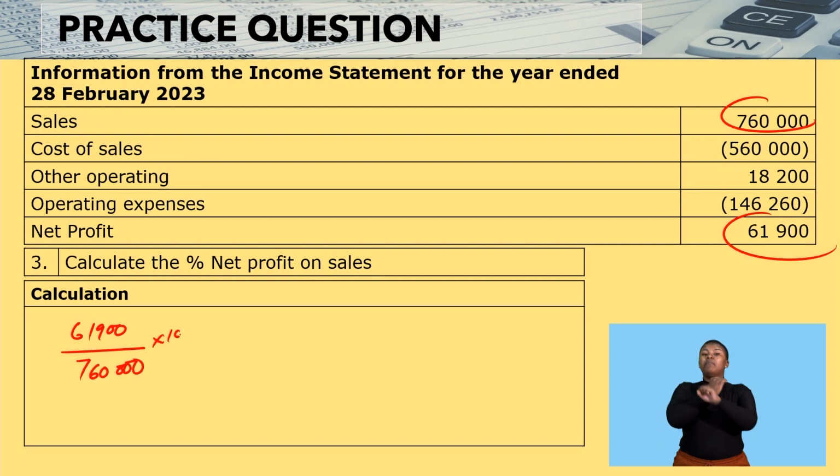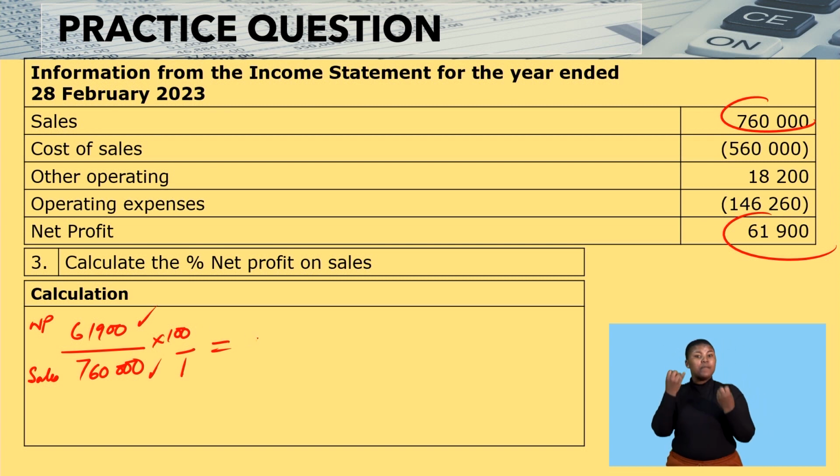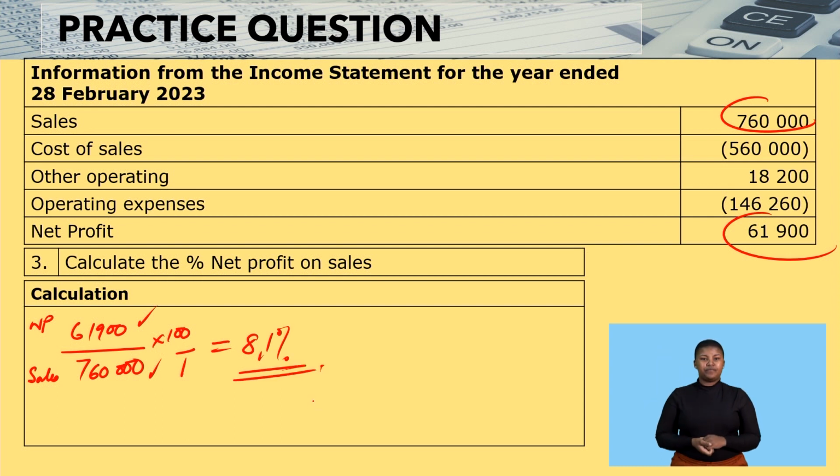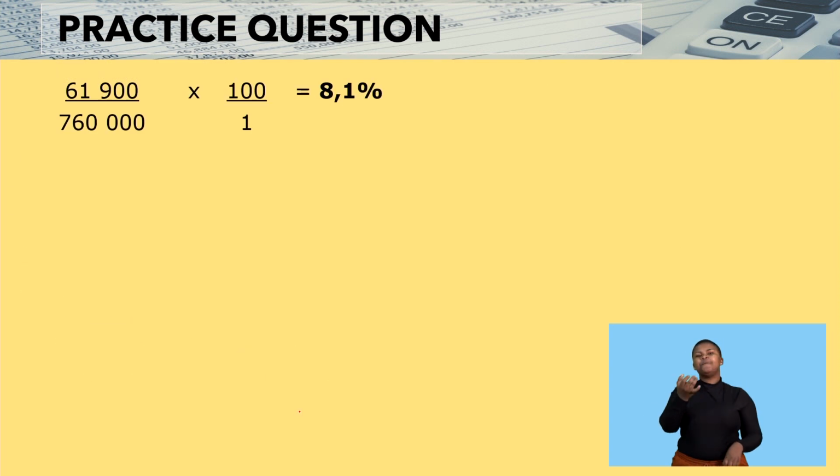Then I multiply this by 100 over 1. If I punch this in my calculator, it is your net profit, 61.9, over your sales, 760, multiplied by 100 over 1. That will give me 8.1%.